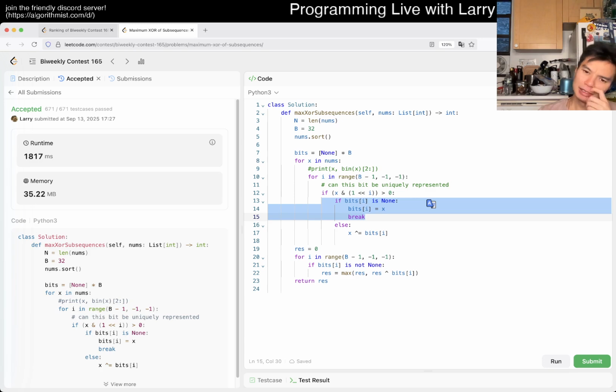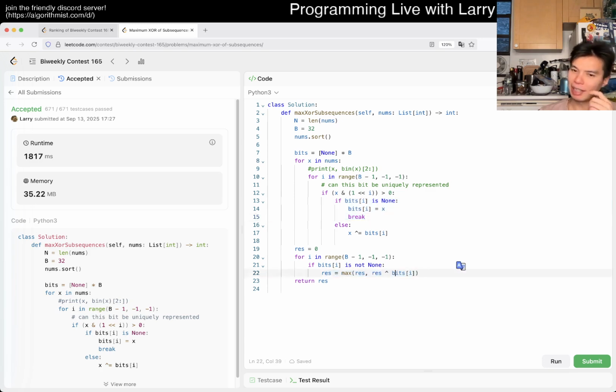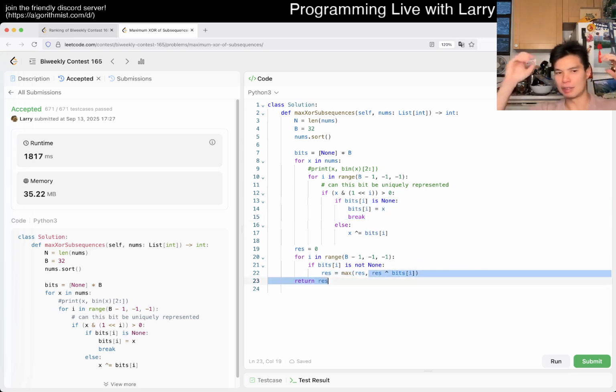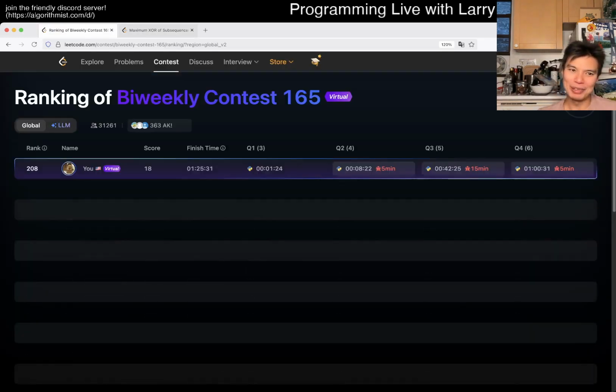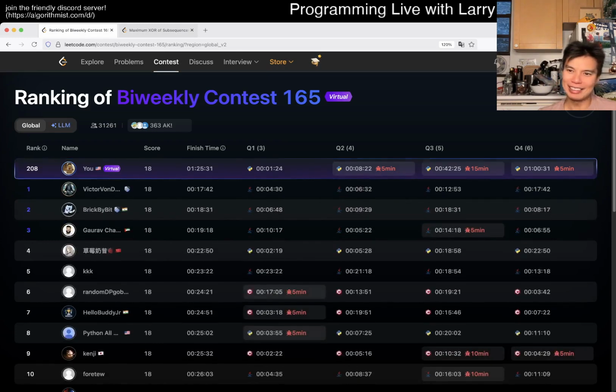But the max part is still a little confusing to me, honestly. Oh no, I get it. There's some hand-wavy linear algebra, I get it, quote unquote, but honestly it is still a little bit magical to me.